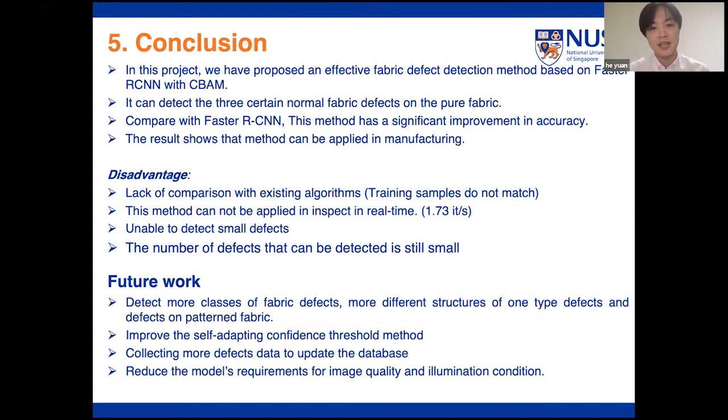The second one is this method cannot be applied in real-time inspection because it can only detect 1.8 images per second. And also it's very hard to detect some small defects, because the image we input is not so small, and if the defect is small, it's just ignored and treated as a normal part.